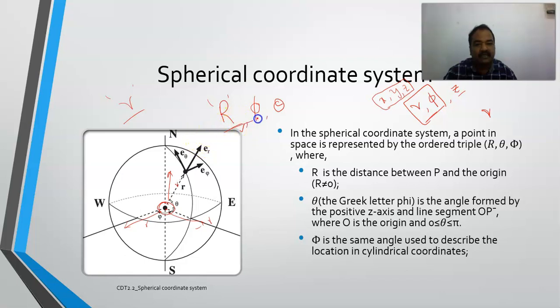Now I have three coordinates: R, phi and theta. R and phi are the coordinates we generally employed in the cylindrical coordinate system. Now additionally, I am employing theta. One minute, this is not phi, this is theta, which is the angle formed by the positive z-axis and the line segment. Now the three coordinates are R, theta and phi.